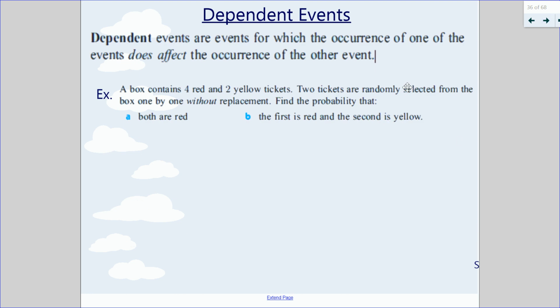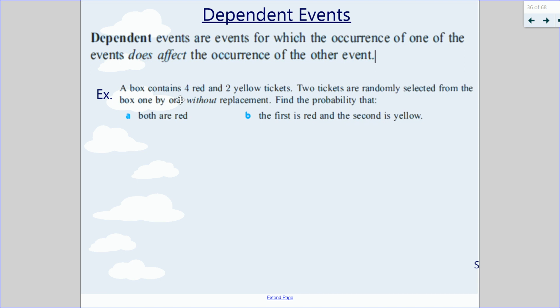Dependent events are where if one thing happens, it affects the outcome of the other. Happens all the time in sports, but also it happens with probability, like a lottery, or in this case, a very simple lottery. This says, dependent events are events for which the occurrence of one of the events does affect the occurrence of the other event.